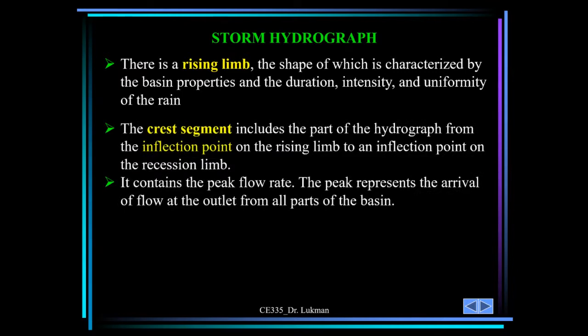And then we have the crest segment, which includes the part of the hydrograph from the inflection point on the rising limb to an inflection point on the recession limb. So it's the one connecting the rising and the recession limb, and it contains the peak flow rate, because normally rain starts with low intensity, then the intensity increases to a maximum and then decreases. The point of highest intensity will usually correspond to the crest segment, and it contains the peak flow rate.